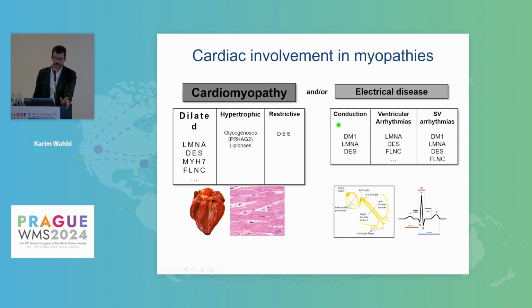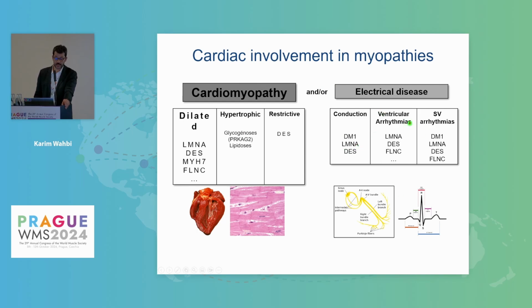Electrical abnormalities are also extremely common, sometimes isolated, and sometimes associated with dilated cardiomyopathy. In that case, you have a specific subgroup of patients who have what we call arrhythmogenic cardiomyopathies, which are at high risk for sudden death. Conduction system disease is very frequent in myotonic dystrophy and in other conditions, as we'll see.